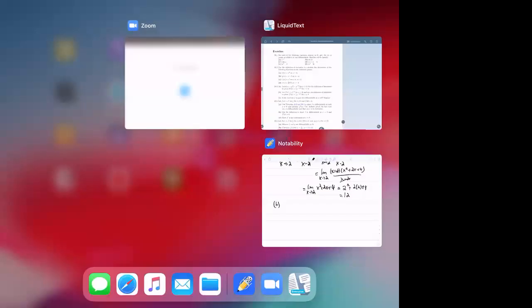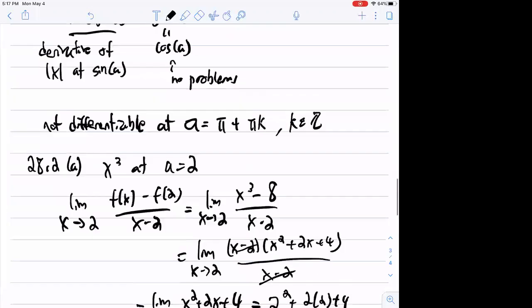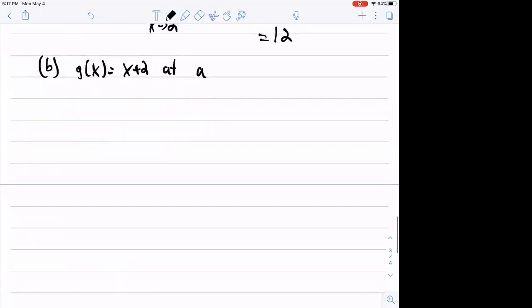Oh, they call it g. At a. So again, limit x. So we should expect the slope to be what? This is the line x plus 2. The slope, y equals mx plus b. The slope is m. So the slope should be 1, right?